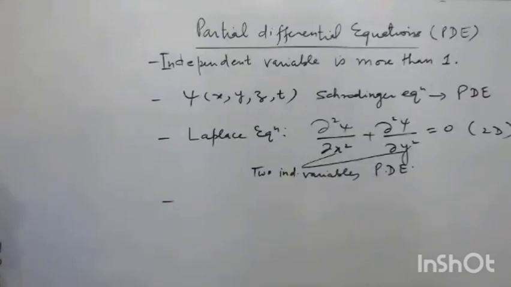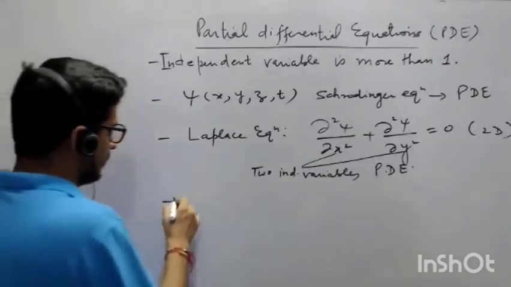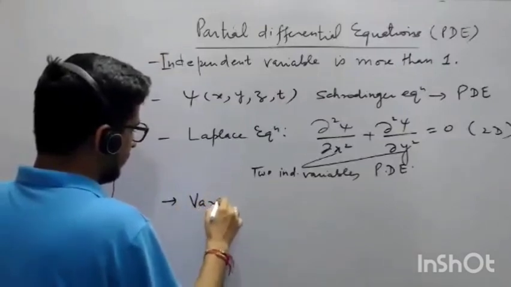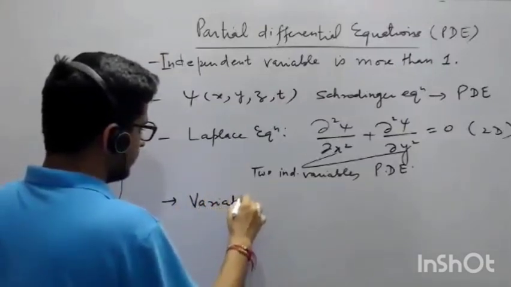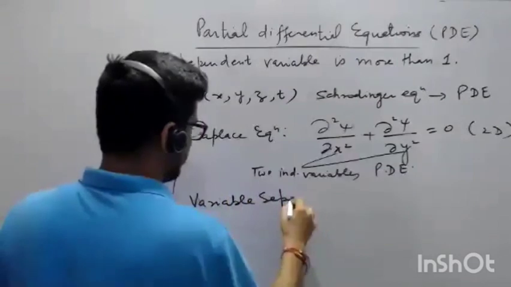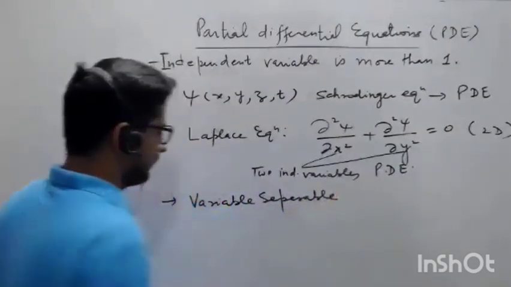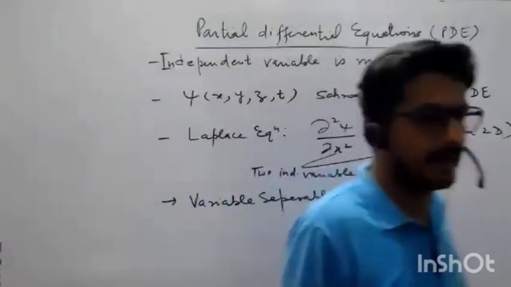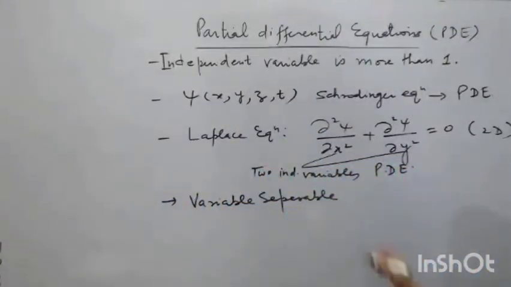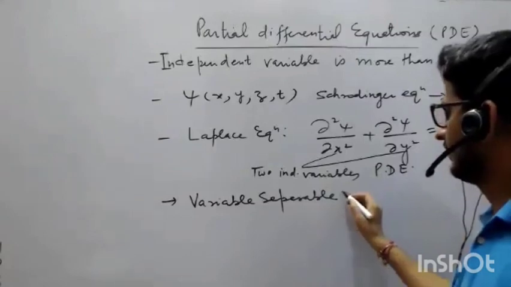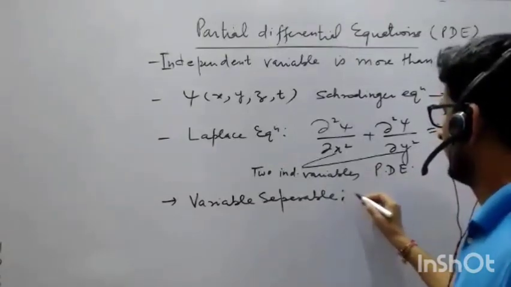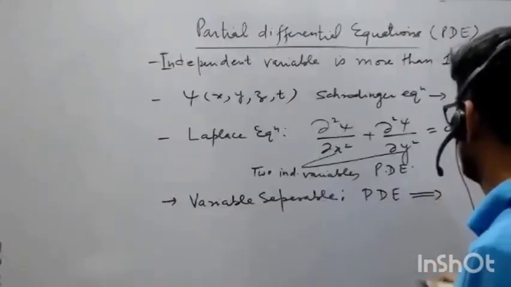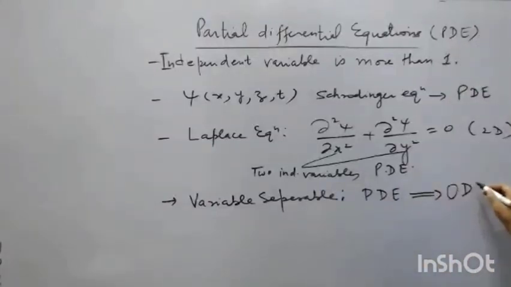And one more thing I want to tell you about the solution that we are going to discuss will be the method of variable separable. So we will discuss this method of variable separable technique. What is this technique? So this technique will convert the partial differential equation into ordinary differential equation.